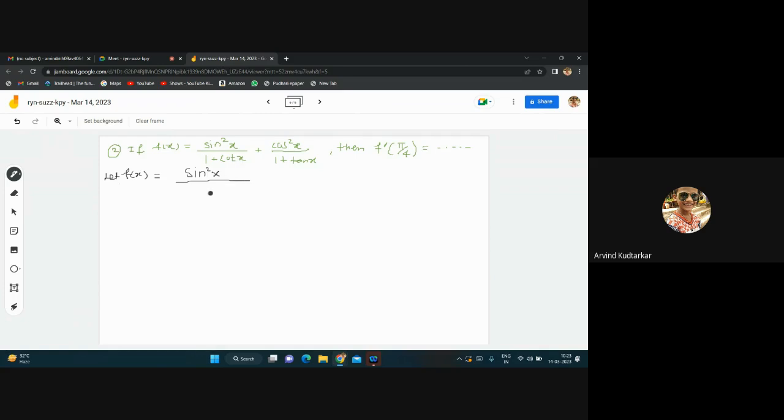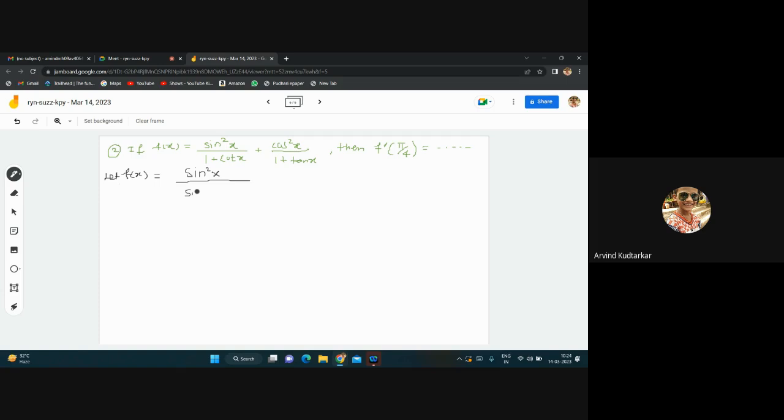And what is the LCM? Cos by sin plus 1, or 1 plus cos by sin, means sin x plus cos x upon sin x.